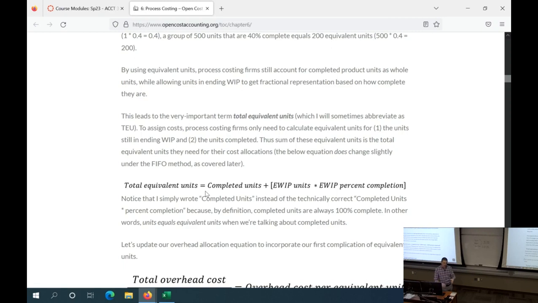So we have all the paper airplanes we completed. Let's say you're very, very industrious and all of you completed 500 paper airplanes. So we have 500 actually complete units completed. And then we have 100 ending WIP units, that's EWIP units, 25% complete.